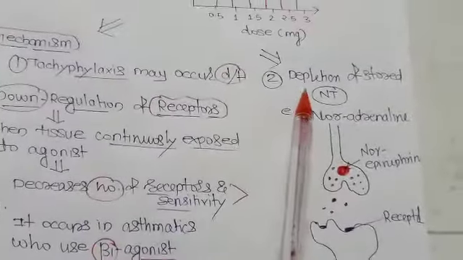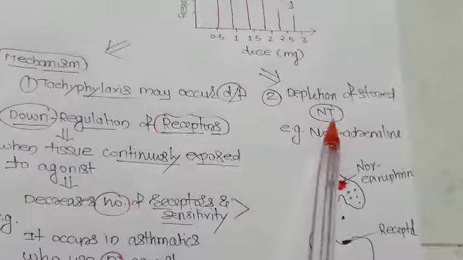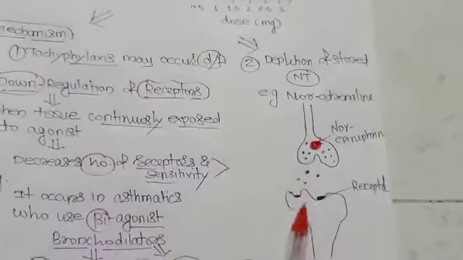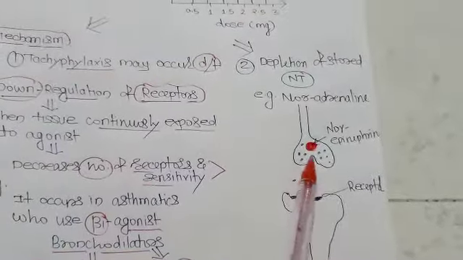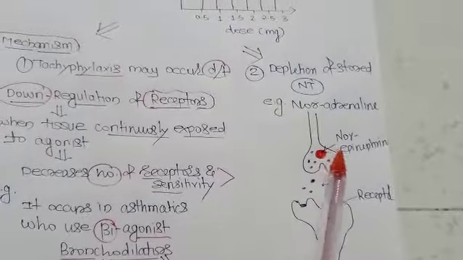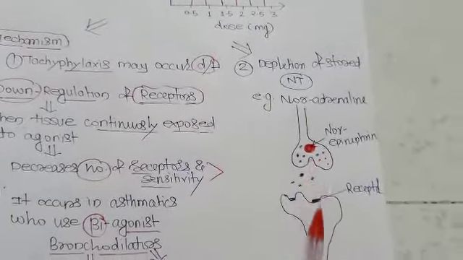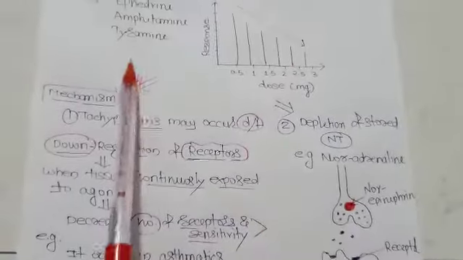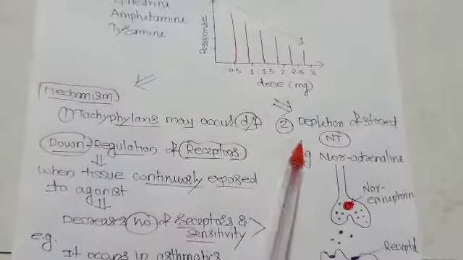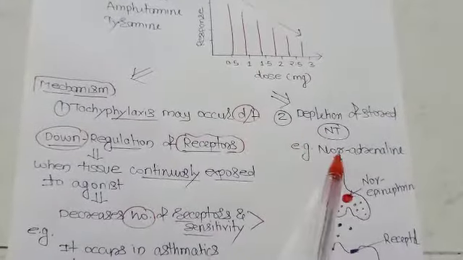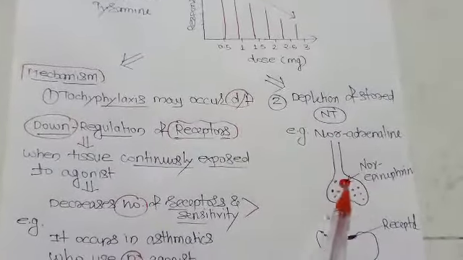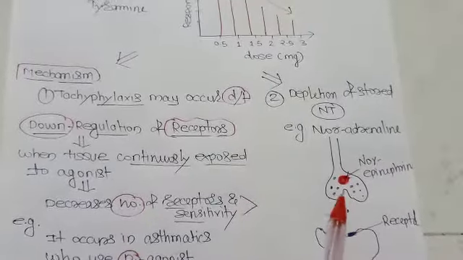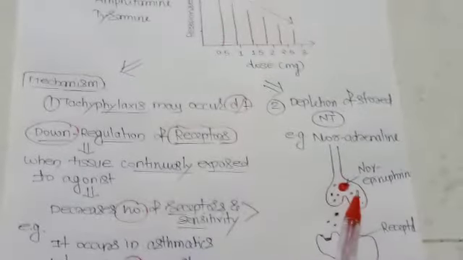The second mechanism is depletion of the stored neurotransmitters. As you can see in this diagram, all these drugs act by releasing norepinephrine from the neurons.